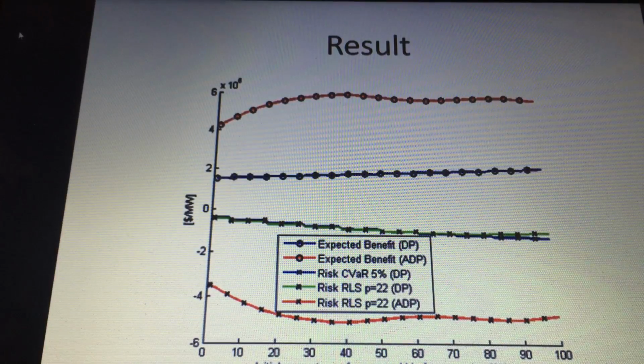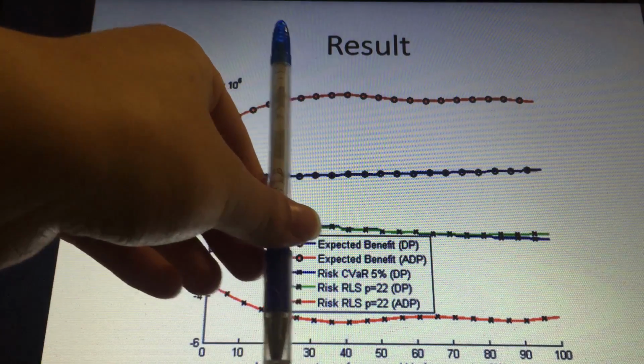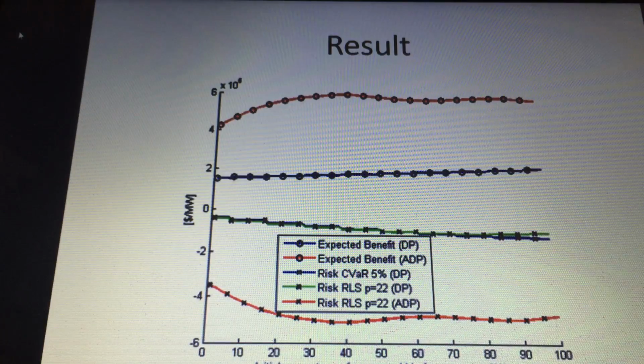From this graph, we can also see that when the initial percentage of energy flow is about 25 or 30, all of the benefits stay relatively constant.